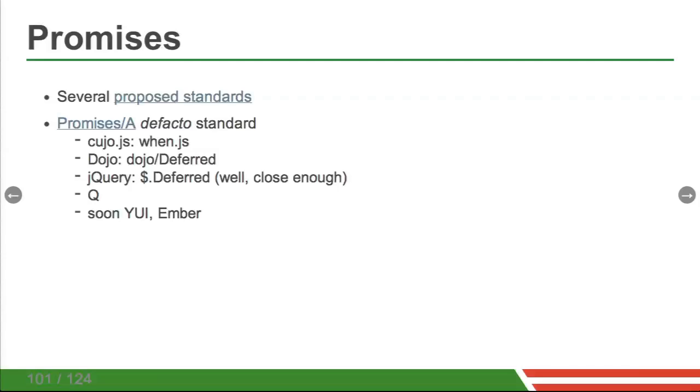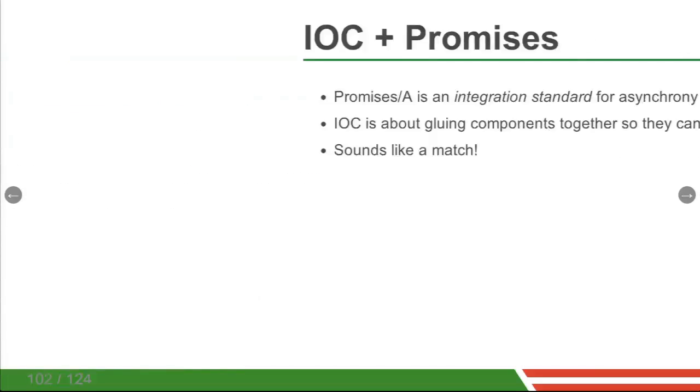The other key thing about promises is that there are some proposed standards for them. They're not a part of the language, but because we have standards and because these major libraries have implemented that standard, that not only makes promises convenient for returning values, it makes them an integration point.